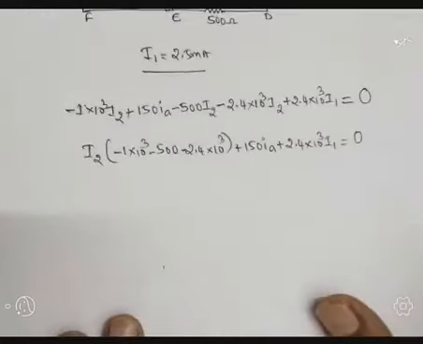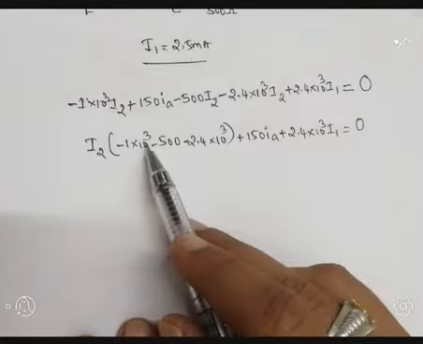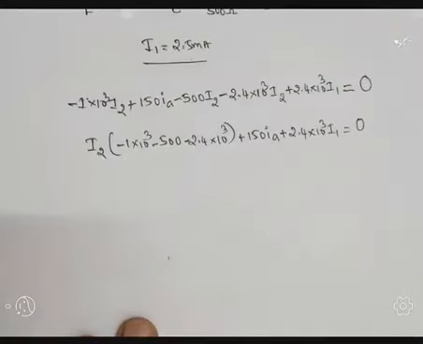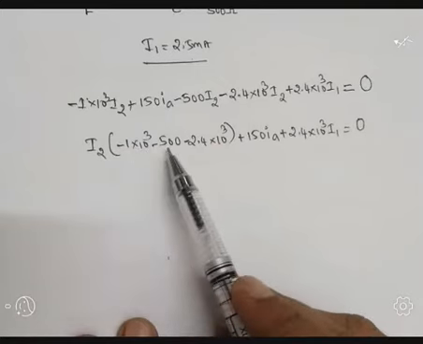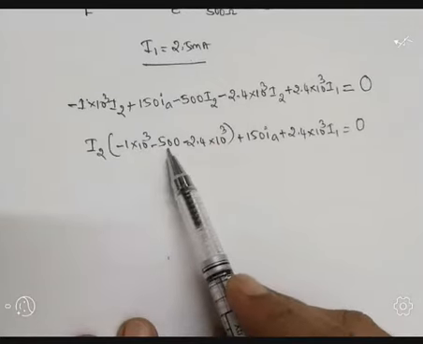Next, simplify. 10 to the power 3 is 1000, correct? Minus 1000 minus 500 means minus 1500.